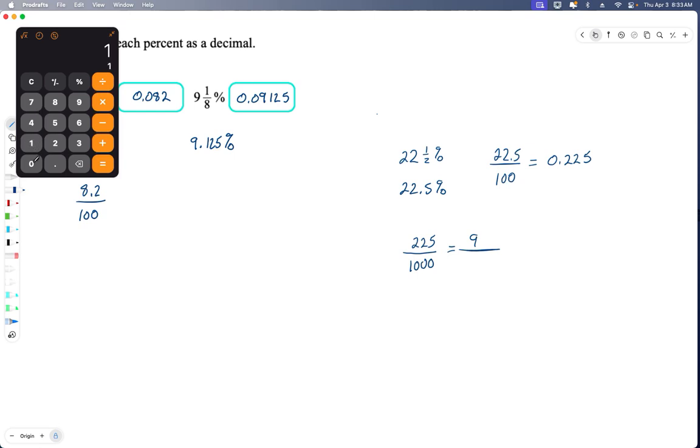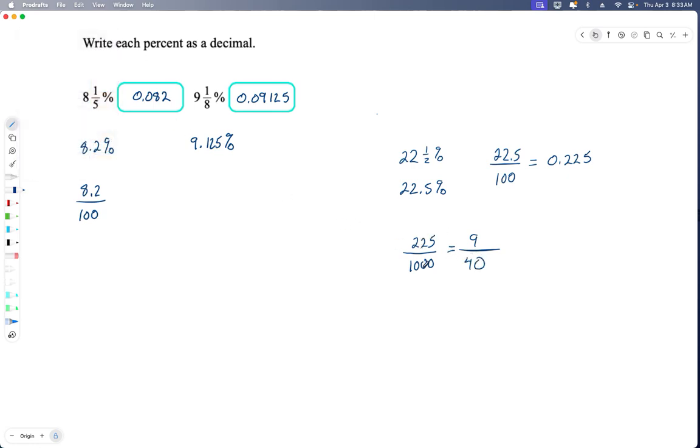And then 1,000 divided by 25 is 40. So this would reduce to 9 over 40. These two no longer have any common factors, so this is the most reduced form of this fraction.